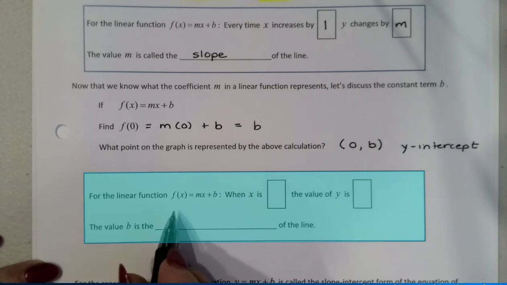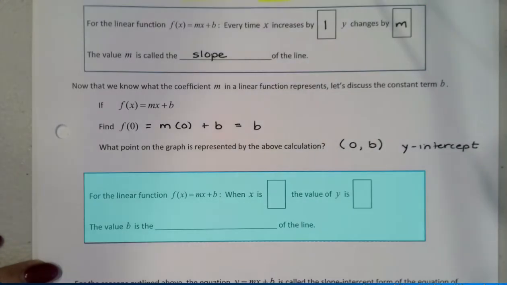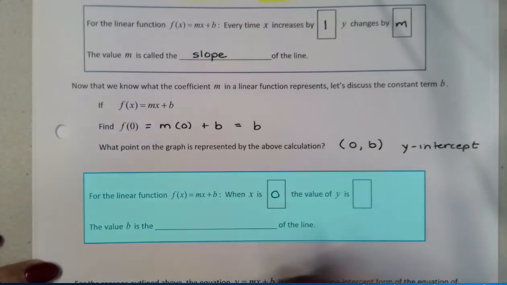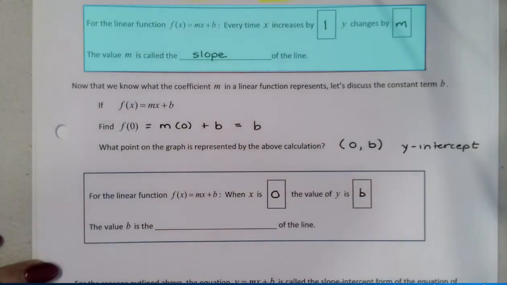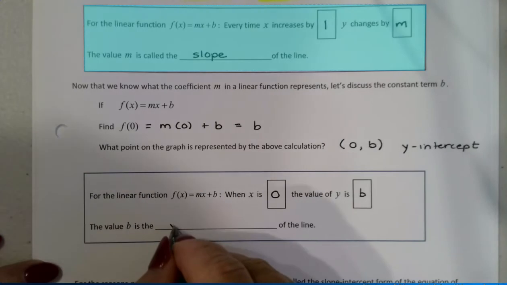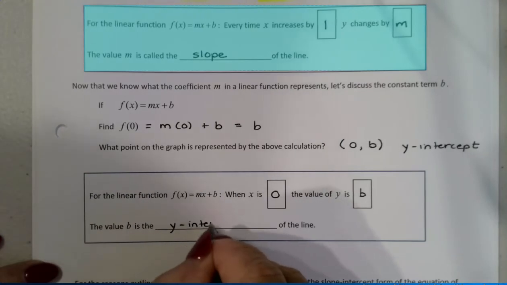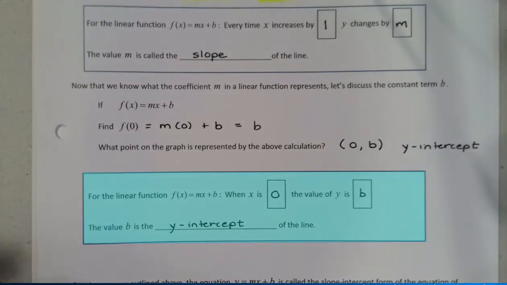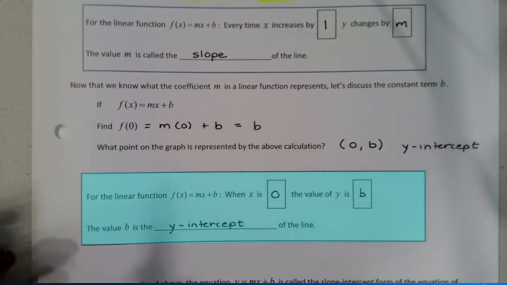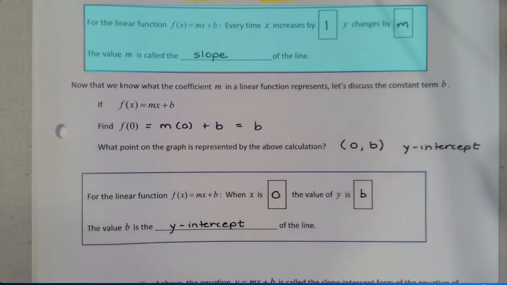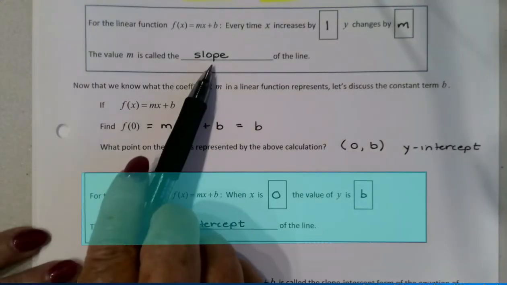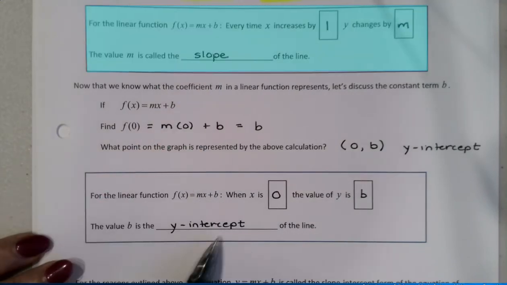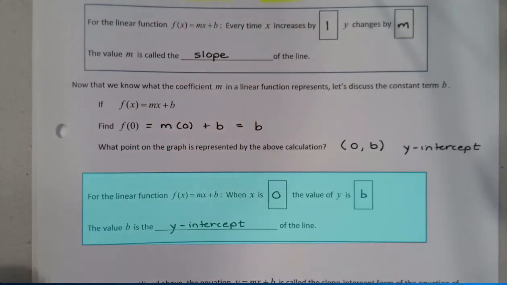So for that linear function, f of x equals mx plus b, when x is 0, the value of y is b, and that gives us the y-intercept of the line. So the two constants in our function, m and b, are very significant. m gives us the slope, or constant rate of change. b gives us the y-intercept of our line.